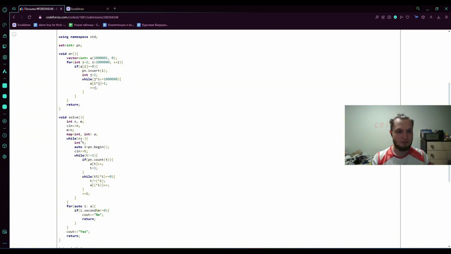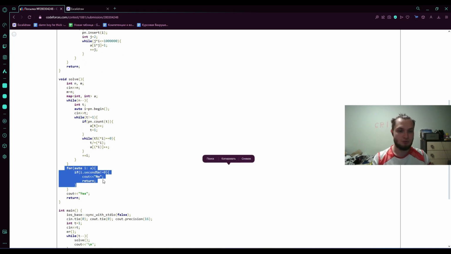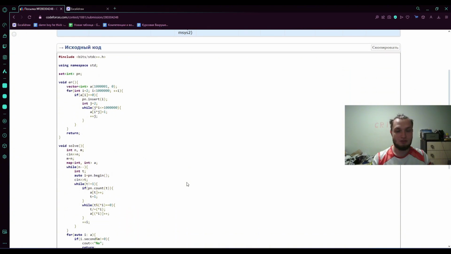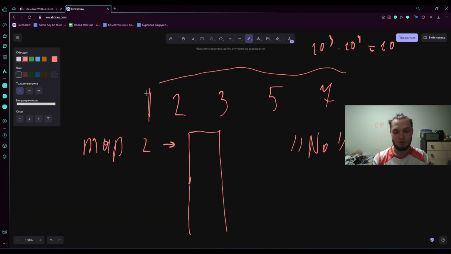Then we read the number n, of course, and factor it n times. That's how it goes. If there's at least one count that doesn't divide by n, we output no, essentially. Overall, the solution works in approximately 70 milliseconds. The factorization solution without the sieve takes a bit longer, but it would still work.